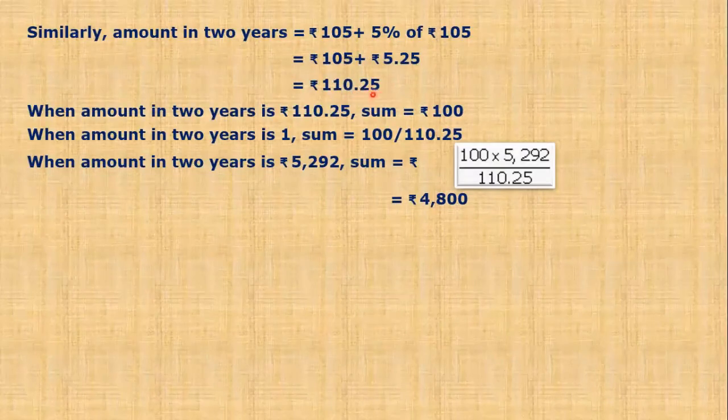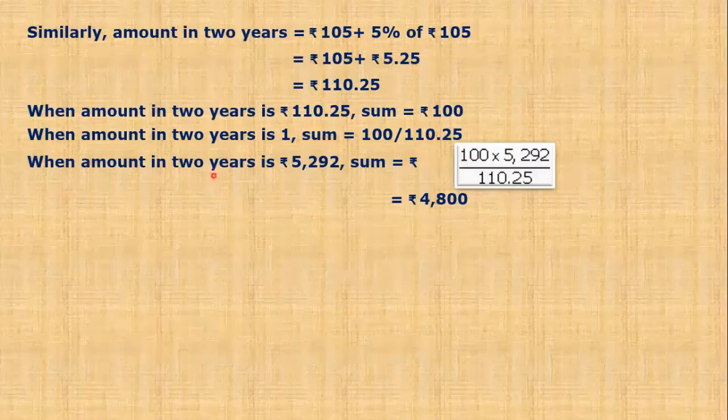Now we will relate these values using the unitary method. When the amount in 2 years is rupees 110.25, the sum invested was rupees 100. When the amount in 2 years is rupees 1, then the sum will be rupees 100 divided by 110.25.